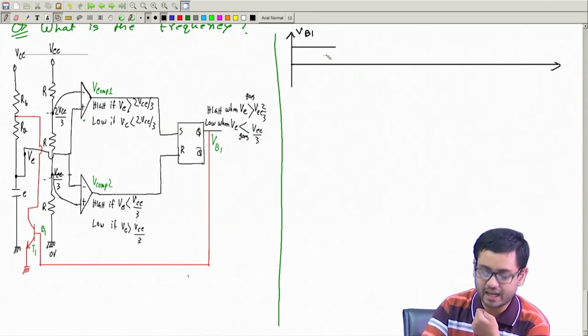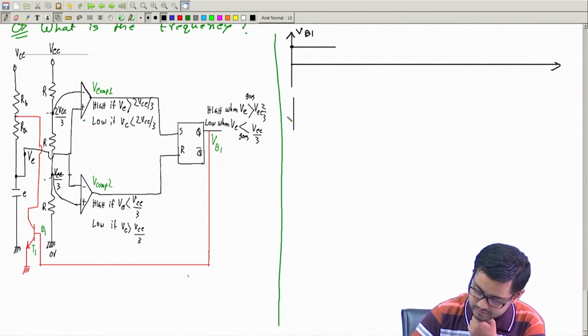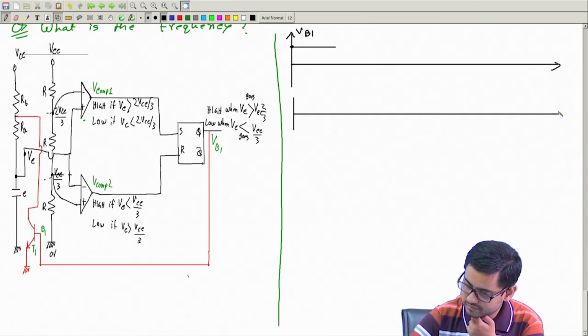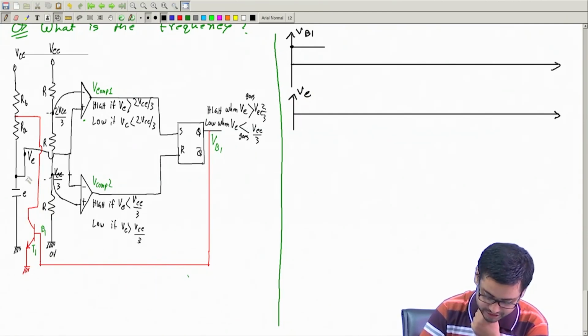Then let me take this as Vc, the capacitor voltage here.